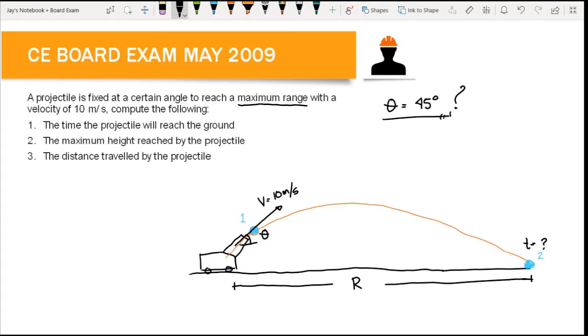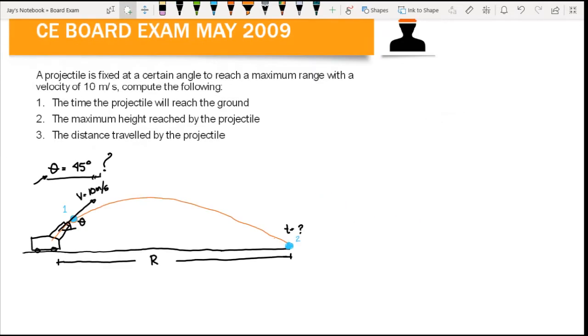So again, our first goal here is to derive theta equals 45 degrees when we have this maximum horizontal distance. We already know the formula when we are solving projectile motion, if you remember your physics.